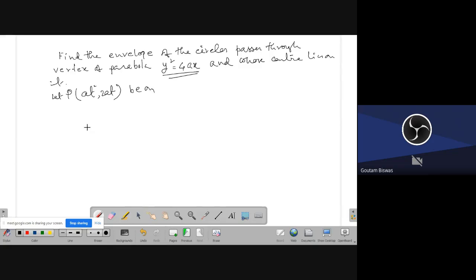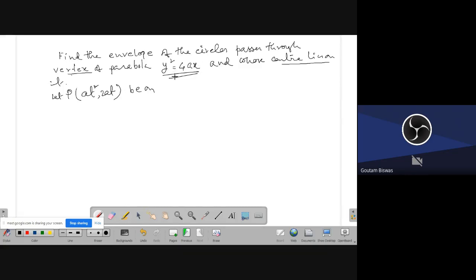It is on the parabola, and this is the center of the circle, because the center lies on the parabola. But the circle passes through the vertex of the parabola.